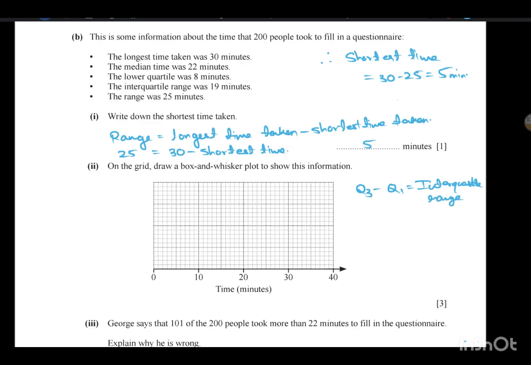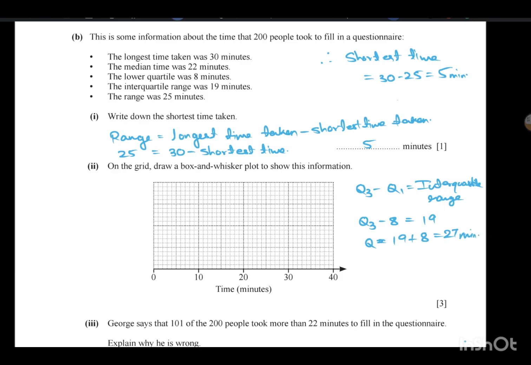Q3 we don't know. Q1 we know, it is the lower quartile. Interquartile range we know, it is 19. So Q3 is equal to 19 plus 8, which is 27 minutes.